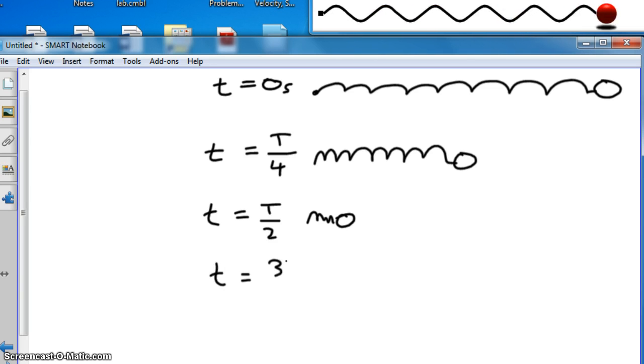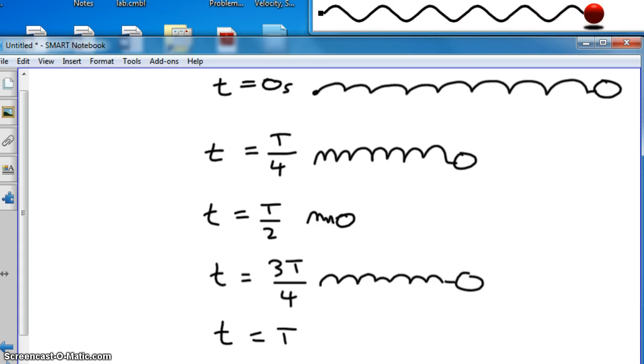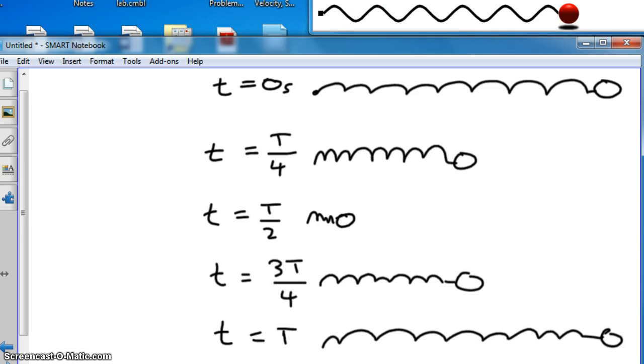If we let another quarter pass, it gets back to the center position. And if we let an entire period pass, it's returned to the outer edge, and it's about to start the succession again. It's about to start moving to the left again.